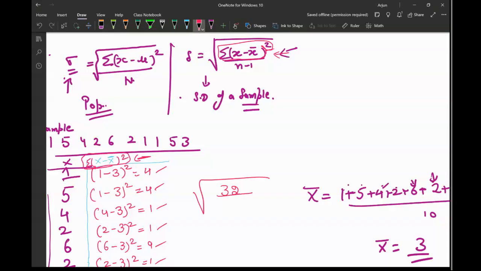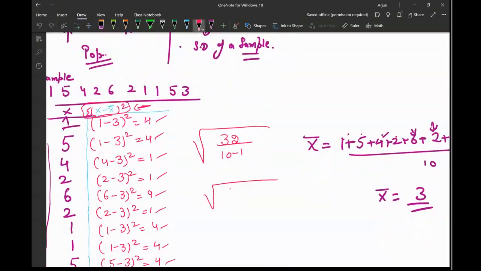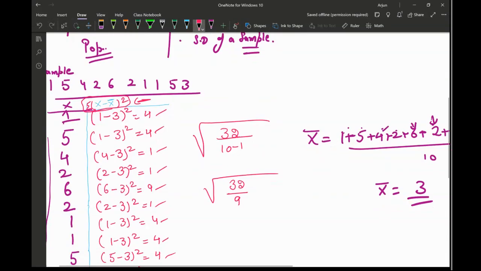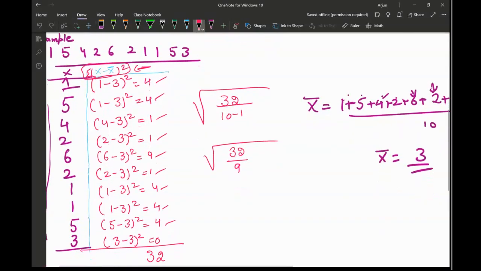The n value, the number of terms, is 10 minus 1. So 10 minus 1 is 9. 32 divided by 9. So I need to do that math. That's going to give me 3.55 repeating, 3.56 I will call it. And then I will square root this number.